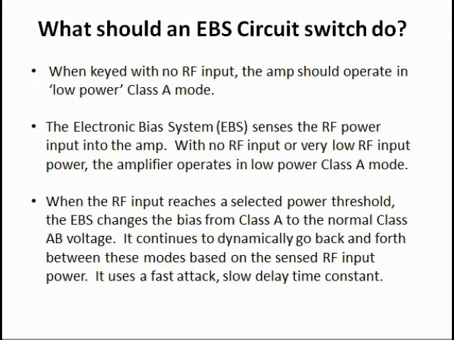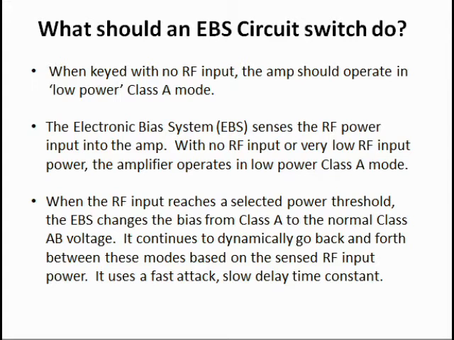So the Class AB mode is the normal operation of the amplifier, and this is a lower bias than in Class A mode. The reason for doing that is to be able to produce the output power that you need with large inputs. The way the electronic bias circuit does this selection is it measures the RF input to the amplifier.